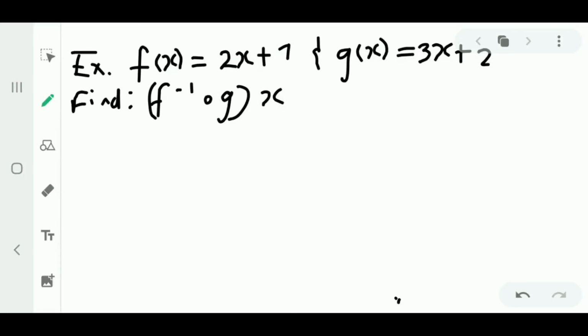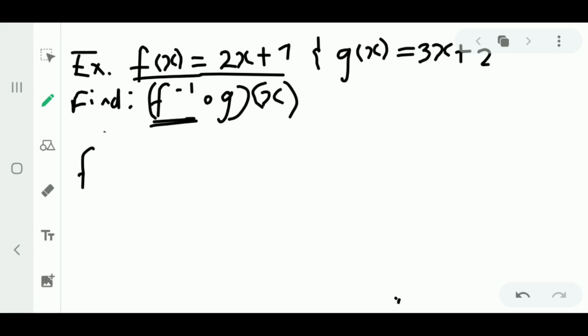f of x is equal to 2x plus 7 and g of x is equal to 3x plus 2, and you want to find f inverse composite g of x. I know this might look confusing, but because f inverse comes first and we're given f of x, we need to find f inverse first.